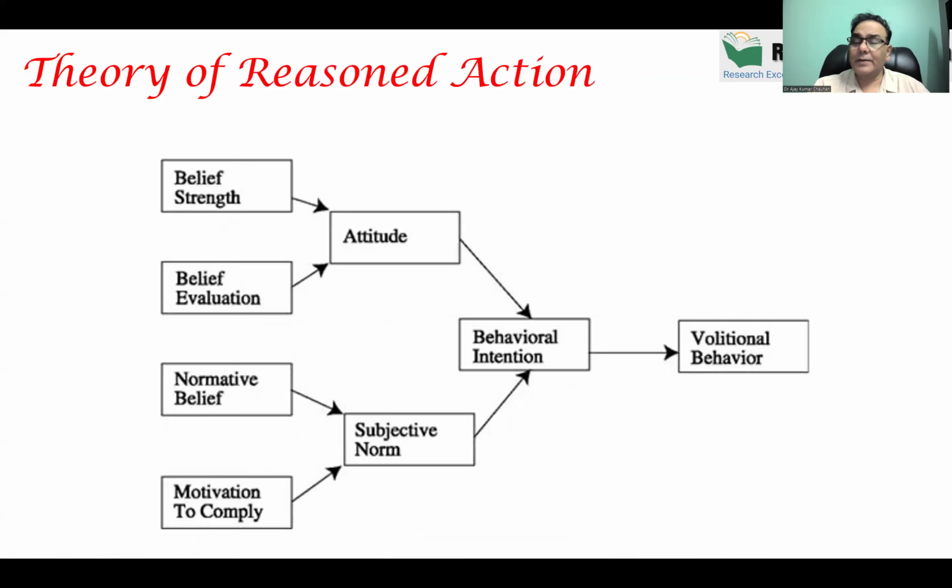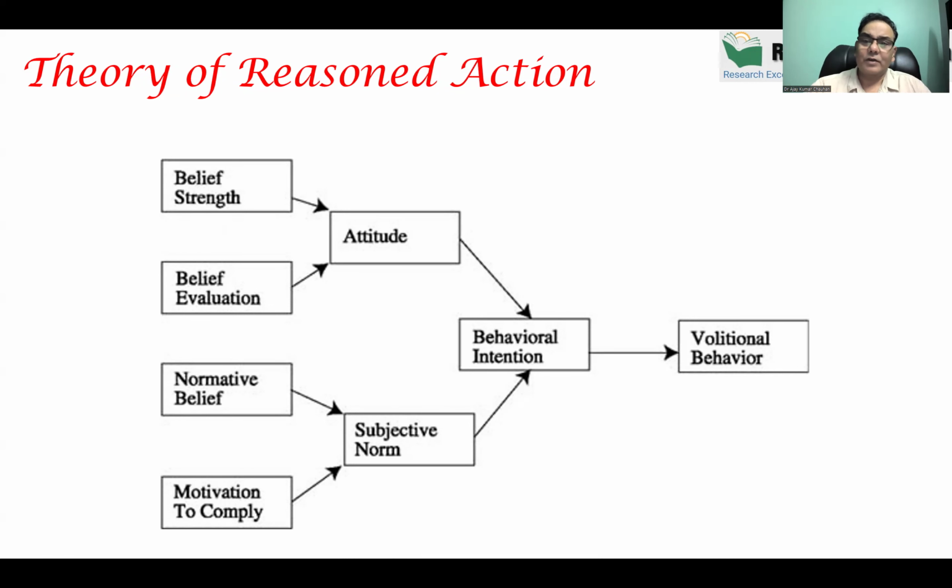Now, similarly, this theory explains why people do a particular action. For example, if you go to a class, you know that some students sit in the front row, some students sit in the last row. अब सवाल ये कि क्यों करते हैं साहब, भाई लोग एक पर्टिकुलर बिहेवियर क्यों करते हैं? तो to understand that you have to find out the reason for action, theory of reasoned action. So the theory of reasoned action explains why people behave in a particular way.